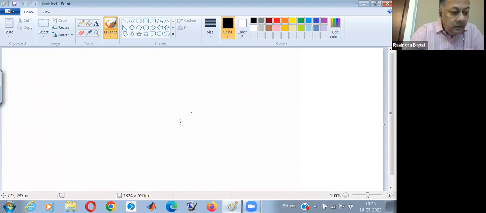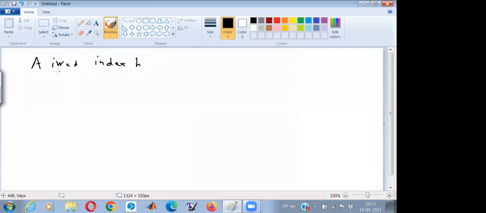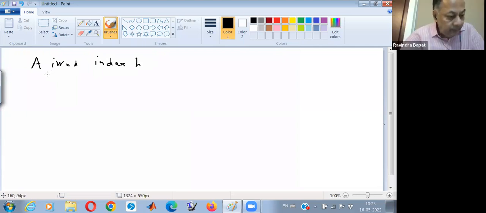Okay. So suppose A is irreducible and suppose the index is H. So we have already seen that, consider the characteristic polynomial, whatever it is, I can rewrite it in the form lambda to the power n. It's a monic polynomial.